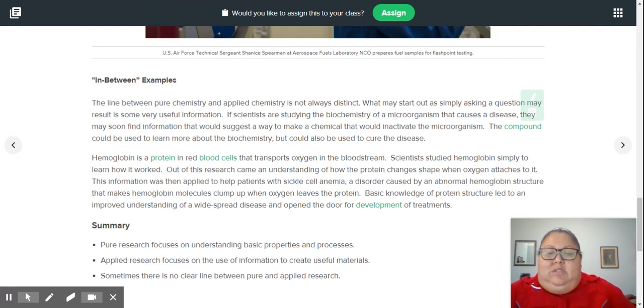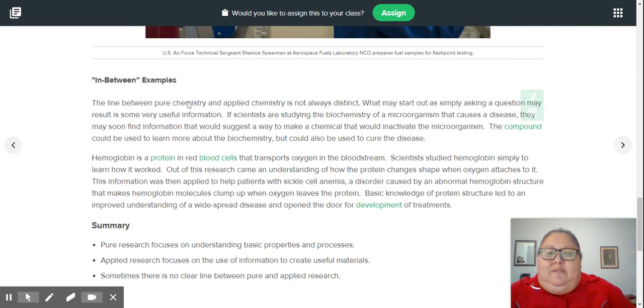Sickle cell anemia is a disorder caused by an abnormal hemoglobin structure that makes hemoglobin molecules clump up when oxygen leaves the protein, and that causes even more problems in that person's body. So, basic knowledge of protein structures led to an improved understanding of how to treat a widespread disease and opened the door for other developments or treatments.